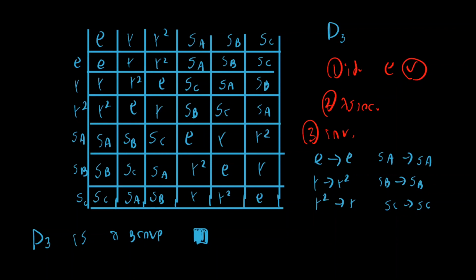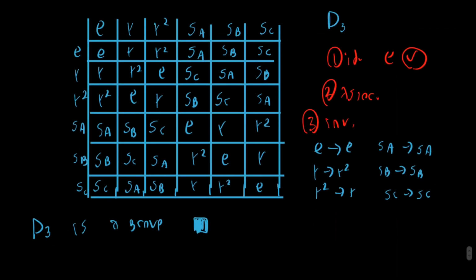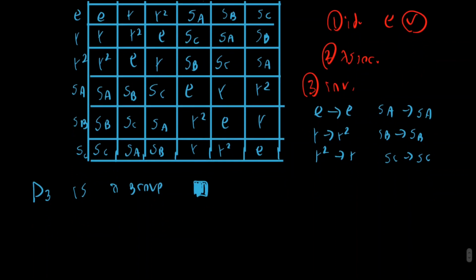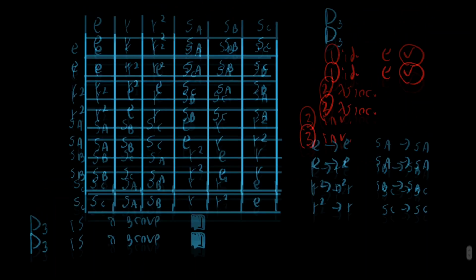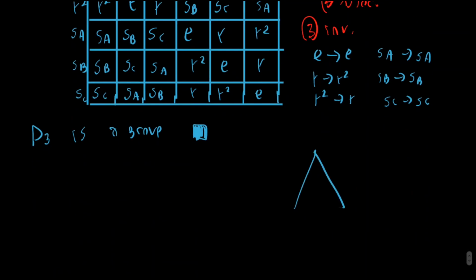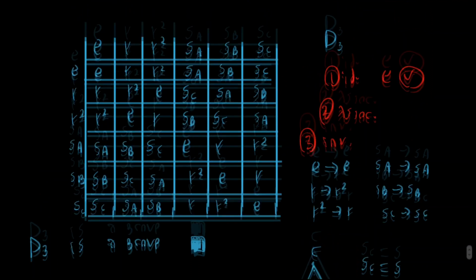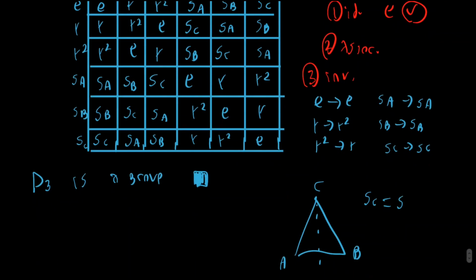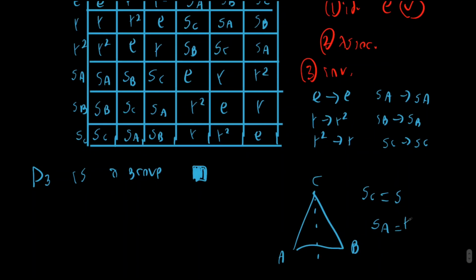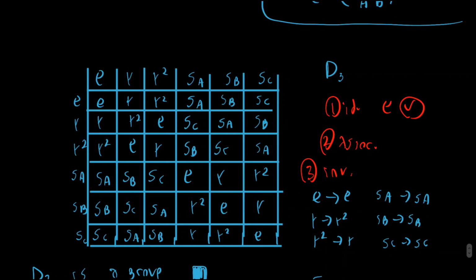So now for some other considerations, let's notice that we can actually build all the elements of this group out of only 3 rotations and 1 reflection. And the reflection we can pick is really arbitrary, but let's pick the one around C. So this one, SC, and let's call it just S. So by the consideration we made above, SA will be nothing but R squared times S, and SB will be R times S, as you can see here.